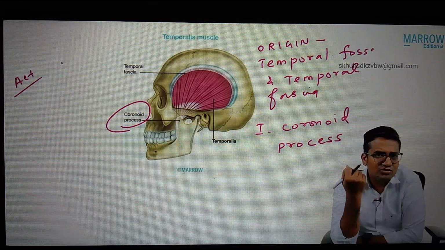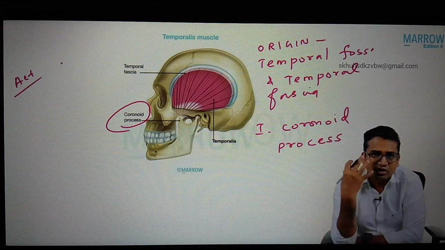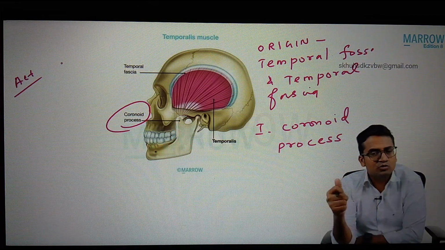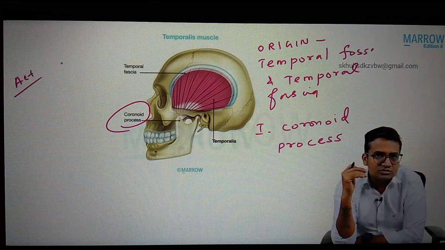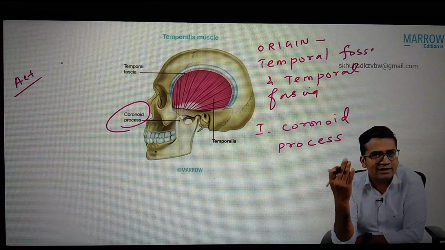If you want to know the action of any muscle, please remember this basic: the origin point is a fixed point, and the insertion point moves towards the origin point. If you draw a line from the insertion point towards the origin point, that gives the action of any muscle. Now see the diagram. The temporalis muscle is attached to the coronoid process and originates from the temporal fossa. We draw the line from the insertion point towards the origin point.